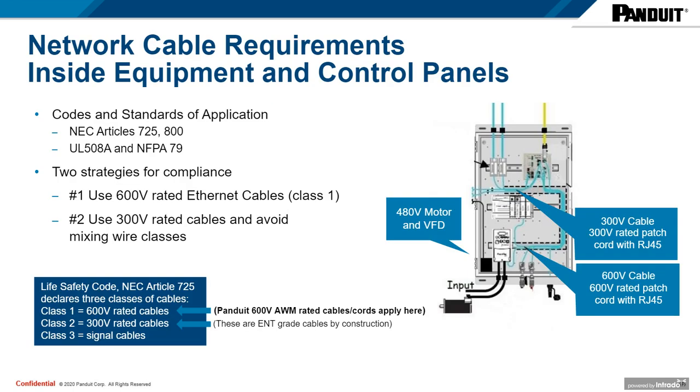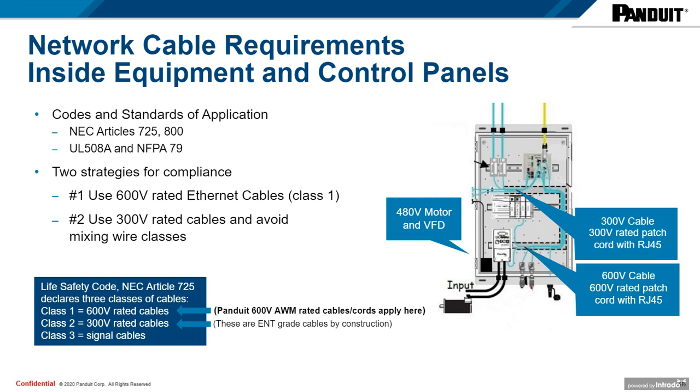Okay, so where that takes us is how does that cable construction play into the suitability and the safety codes in your control panel? So we've listed out a couple of the safety codes and the standards of application that come into play. The primary governing code is the NEC 725, where circuit classifications apply to the control and information circuits.